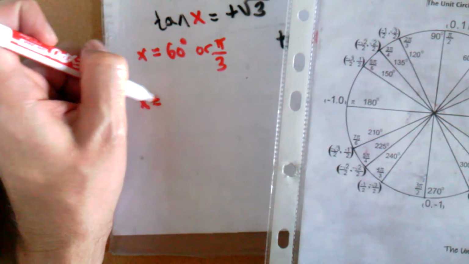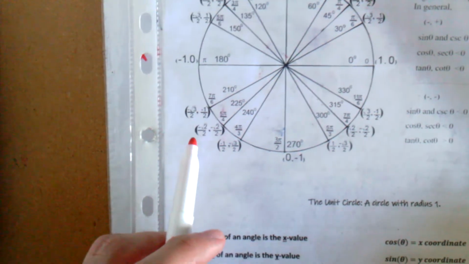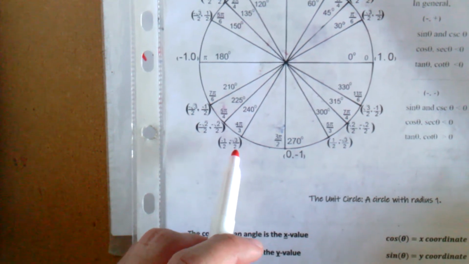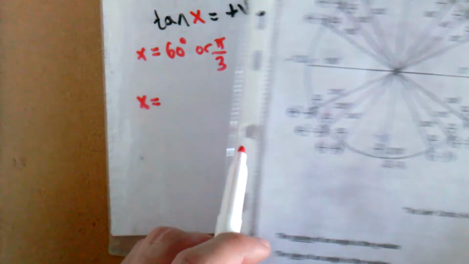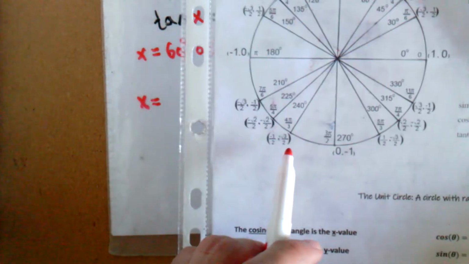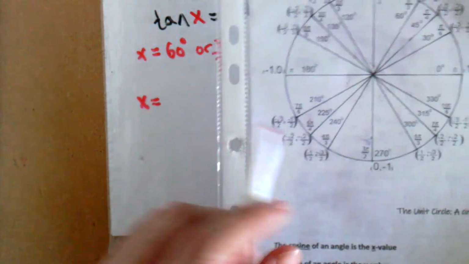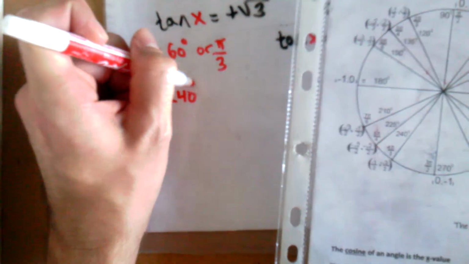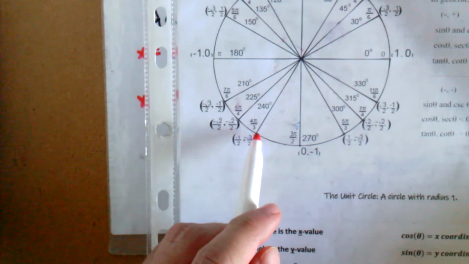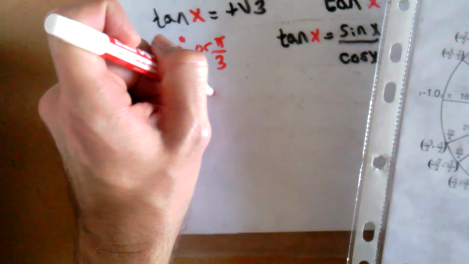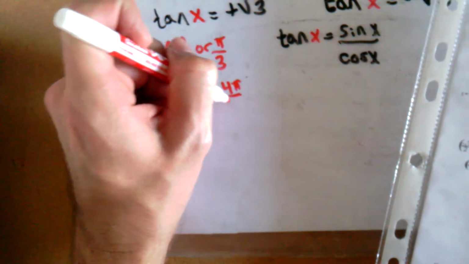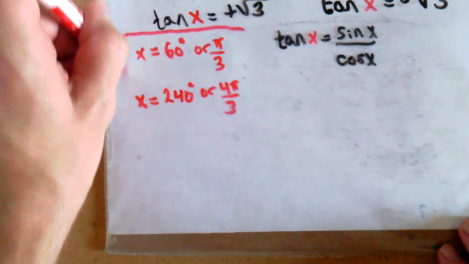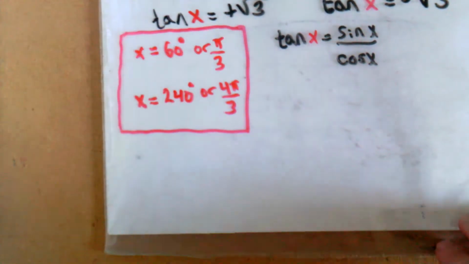And in problem C, we figured out that tangent was also equal to positive square root of 3 at 240 degrees, since a negative divided by negative gave us a positive. So x was equal to 240 degrees, which was the same thing as 4 pi over 3 radians. Again, we figured this out on problem C.